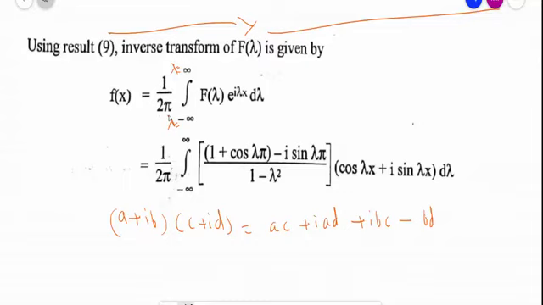So here a is nothing but 1 plus cos lambda pi, b is nothing but minus of sin lambda pi, c is nothing but cos lambda x, and last d is nothing but sin lambda x. So just use this result, plugging the values, we will get 1, 2, 3, 4 terms.